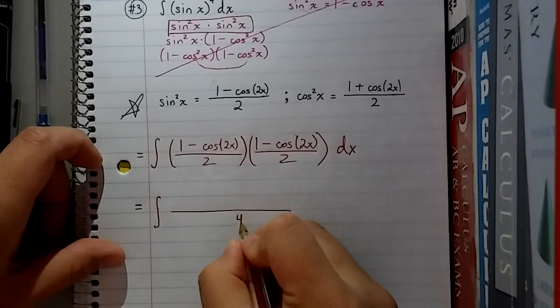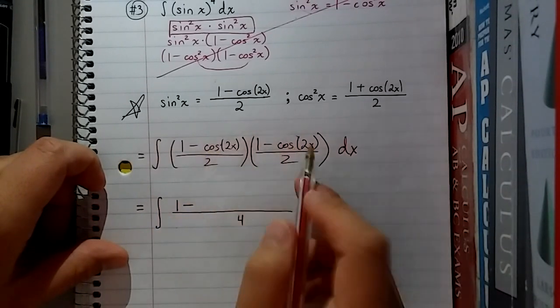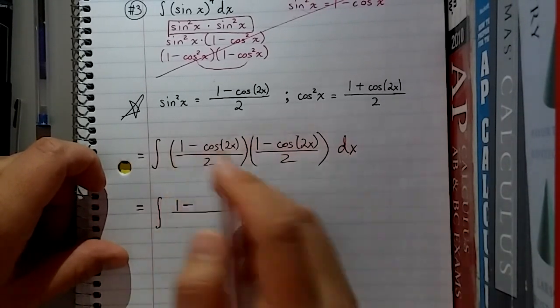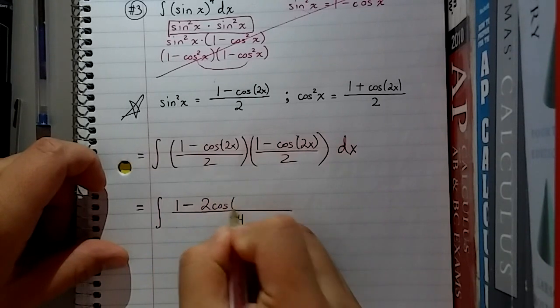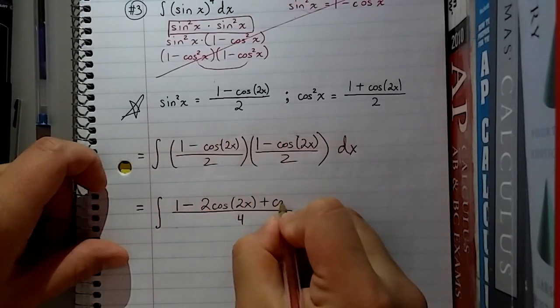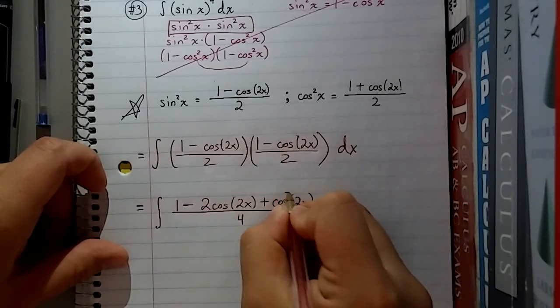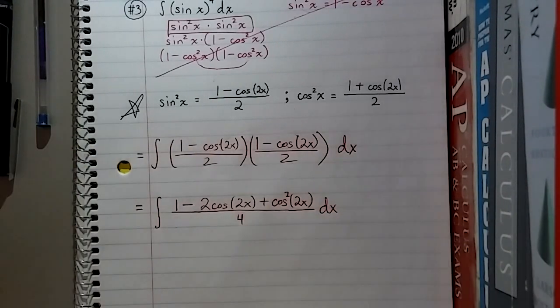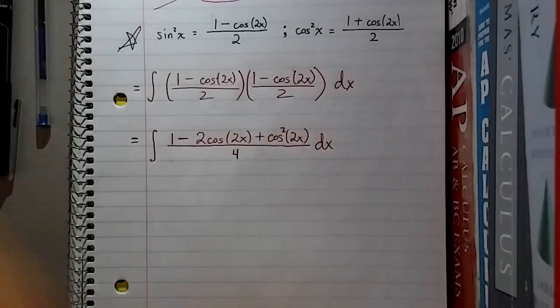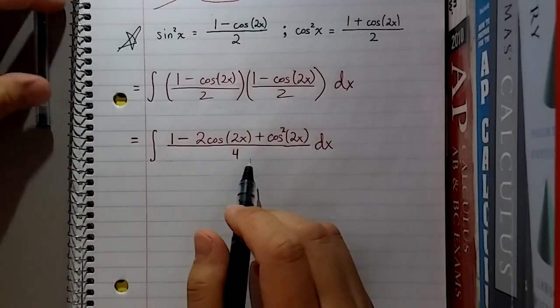On the top, when I FOIL it, you get 1 minus 2 cosine 2x, and if I multiply those, plus cosine 2x squared dx.